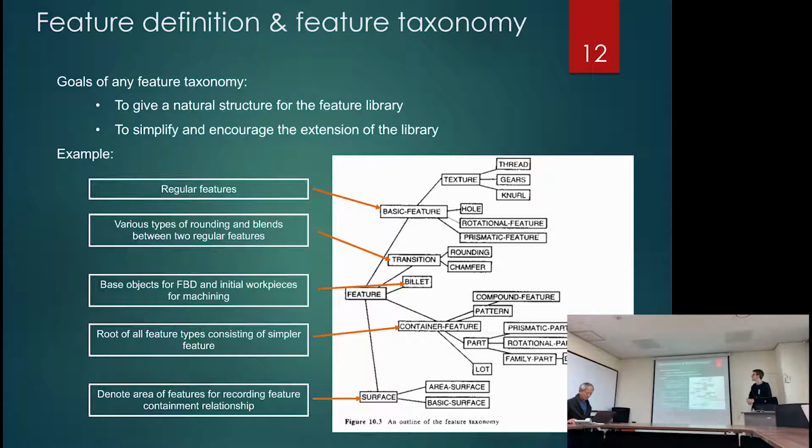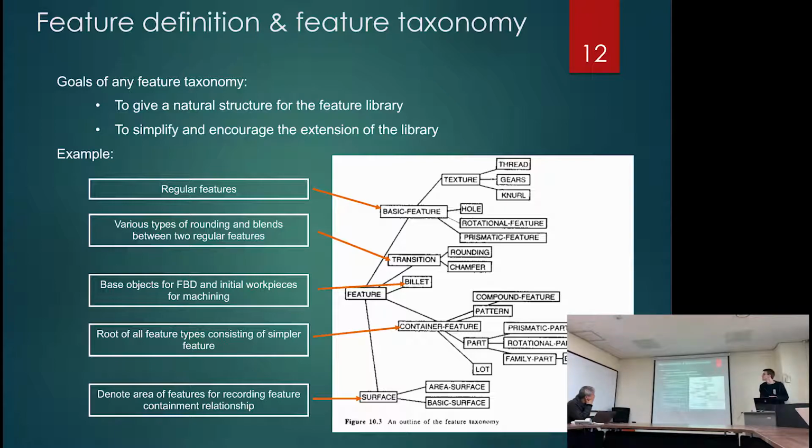And what's traditional for CAD systems is that under the main feature class, we have 5 different subclasses. The basic feature covers regular features; transitions cover various types of roundings and blends between 2 features, etc. And we also have surface, the content of the surface.